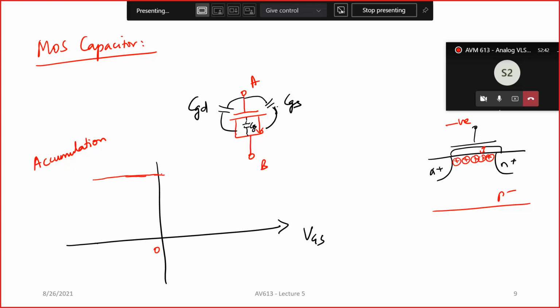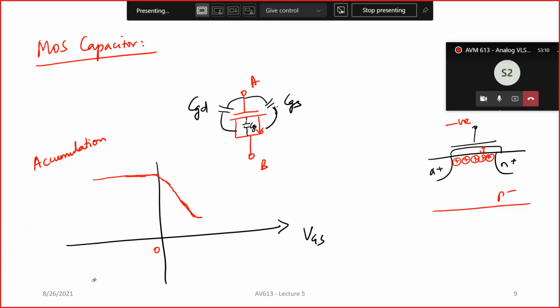So the capacitance starts to go down, because now these holes are no longer accumulating under the gate. They are all moving away, right? And so you have a larger distance, and therefore the capacitance drops. Now the capacitance drops till a particular point, and after that what happens? You are increasing the gate to source voltage here, right?